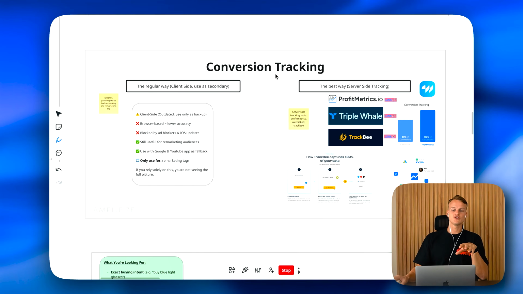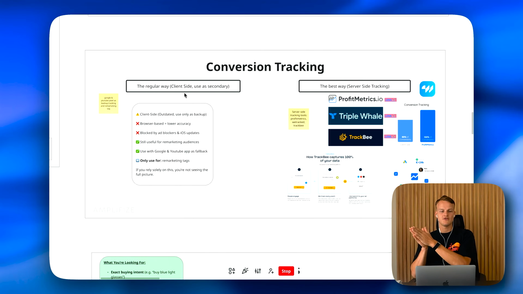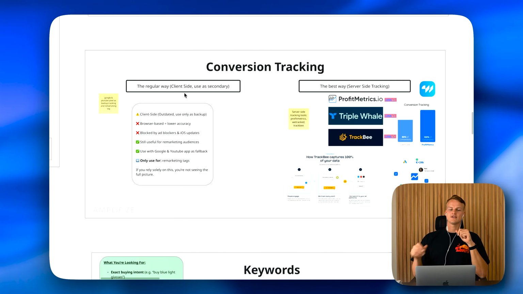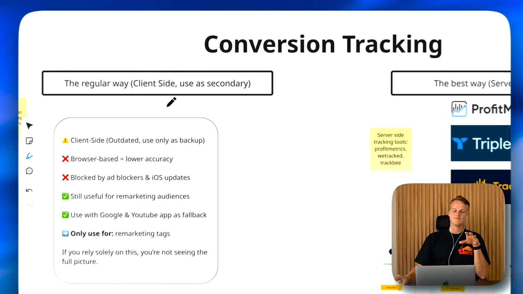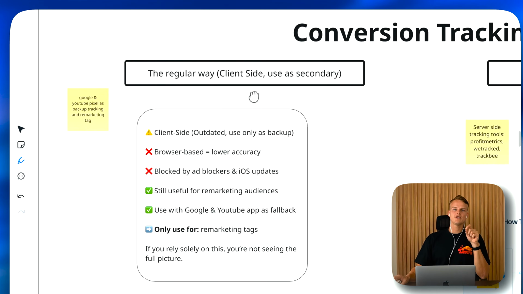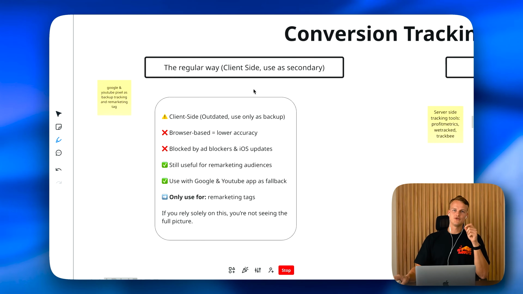When it comes to conversion tracking, what you want to have is something called server-side tracking. So you have the regular way, which is client-side tracking, and you have the best way, which is server-side tracking. The difference is that with client-side tracking, the conversions are sometimes not tracked due to ad blockers, cookie blockers, and Safari, for example.